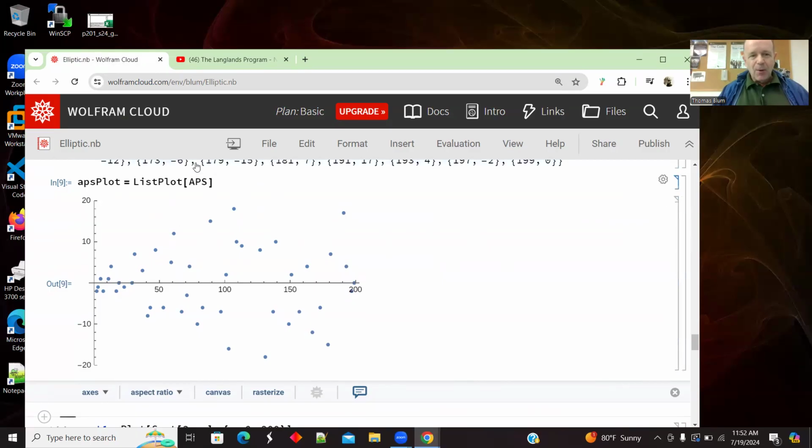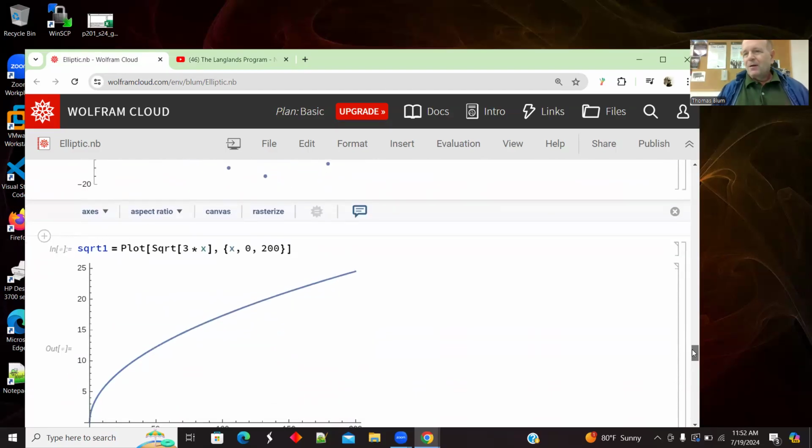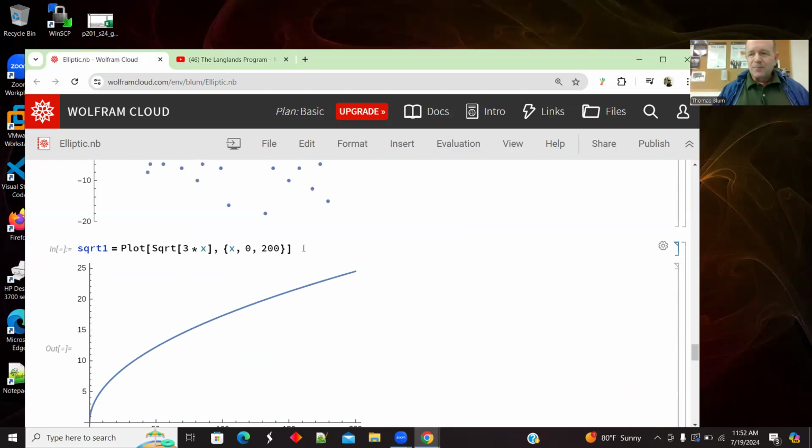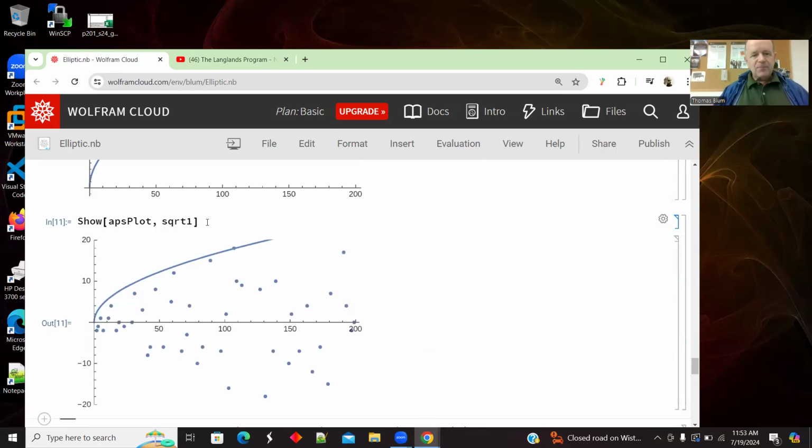So then I just sort of put other numbers in there to get it on the outside. And I don't know what the precise number is, or if there is a precise number or anything like that, but just playing around, I came up with like, I don't know, square root of 3, or the whole thing square root of 3x. And this is just playing around. I didn't go very high. I only went to 200, but just sort of playing around. So, and then put the two together, and we sort of see they're within there.